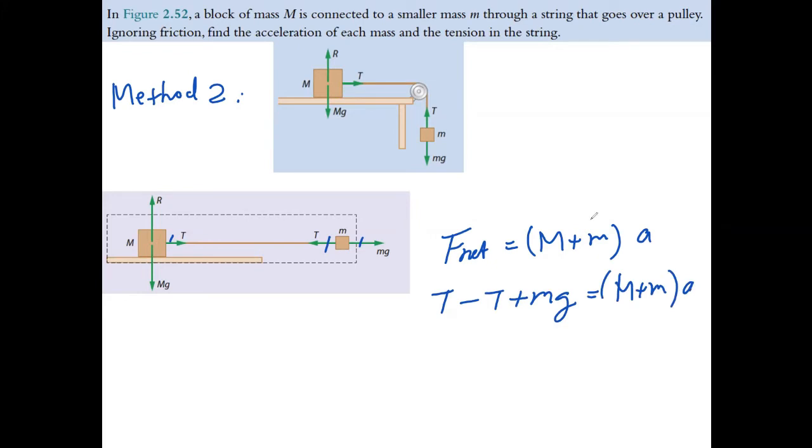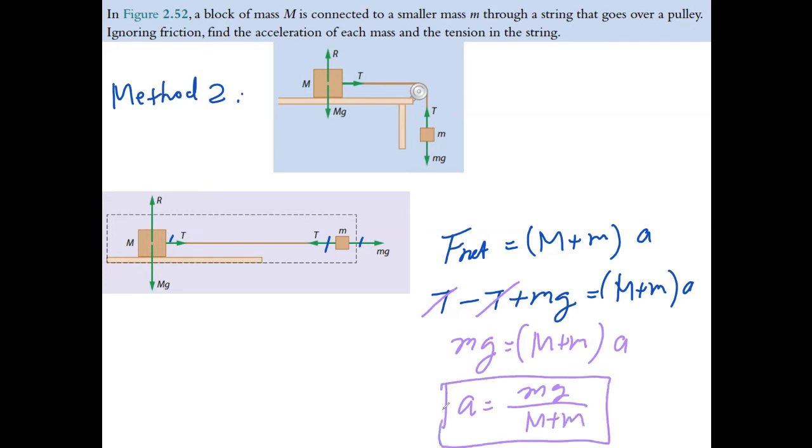Since the tensions are in opposite directions, they cancel out, and we get mg equals M plus m times a. So the acceleration is a equals mg over M plus m. This is the same result as the previous slide.